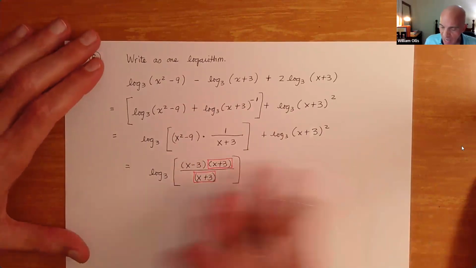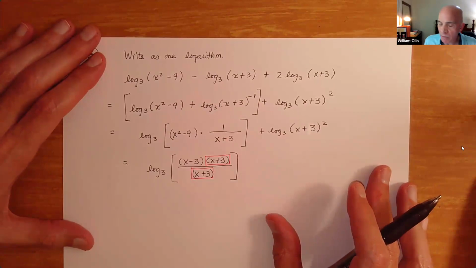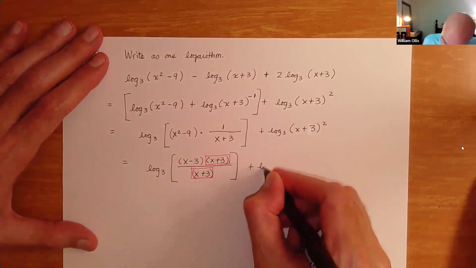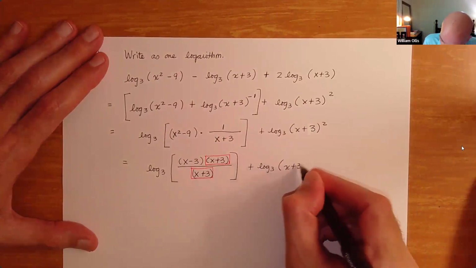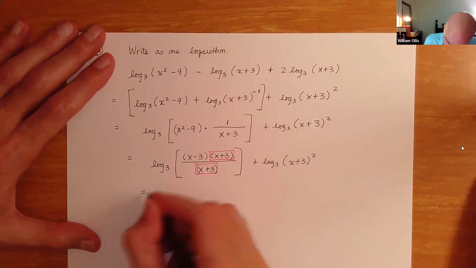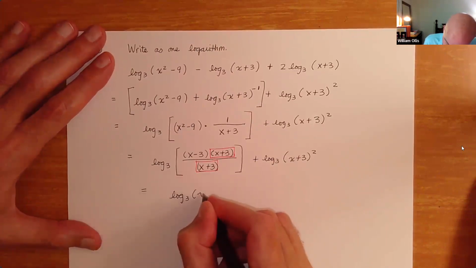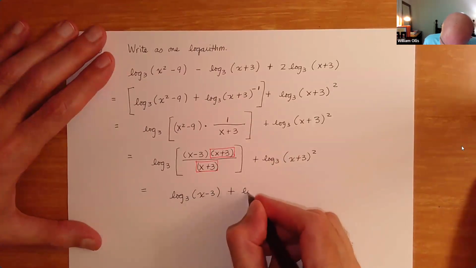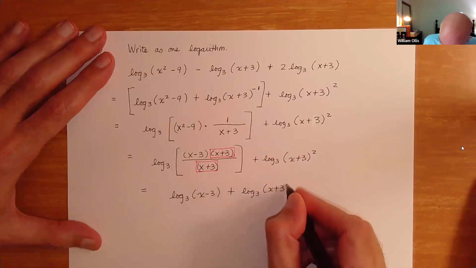Slash lines or slashes never work because they impede the understanding of your work, and you just don't need to do it. Plus base 3 logarithm of x plus 3 quantity squared. Now, let's just go ahead and reduce this. Base 3 logarithm of x minus 3 plus the base 3 logarithm of x plus 3 quantity squared.